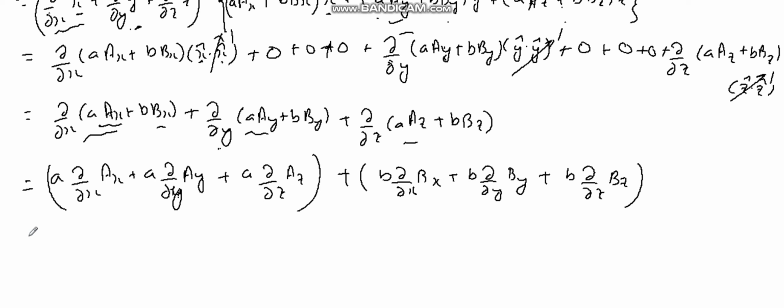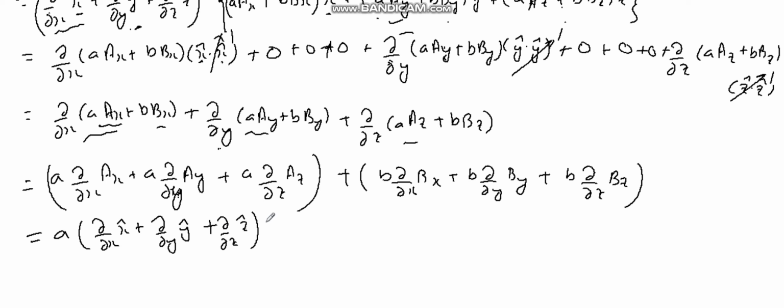Okay, so we can also factor out a and write del by del x x cap plus del by del y y cap plus del by del z z cap, dotted with Ax x cap plus Ay y cap plus Az z cap.